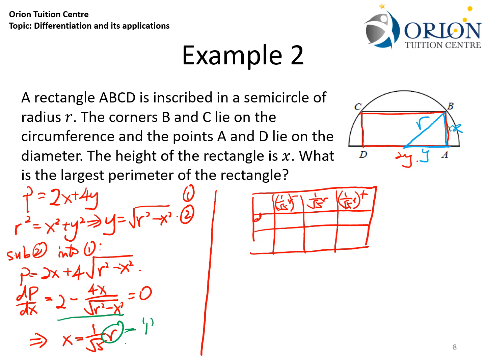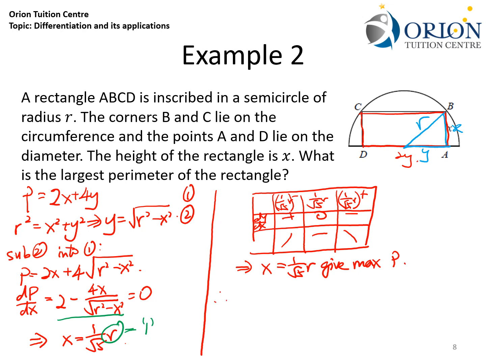And next, I'm going to find out what the signs of dP/dx are. If I just substitute 1 into my calculator and also the value of x, I will get positive values here, 0 here, negative here, which corresponds to a shape like this. And therefore, I know that x equals 1 over square root 5r gives maximum P.